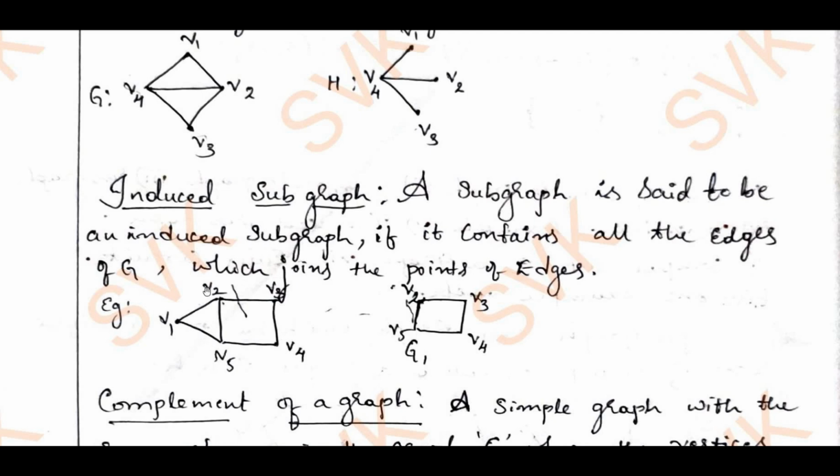In this graph G, whatever vertices you are going to consider, this is the graph G. I am considering another graph G1. From this, V2 is connected to V3, V3 is connected to V4, V4 is connected to V5, and V2 is connected to V5. This is called an induced subgraph. If I keep this as it is, you should get the same graph.